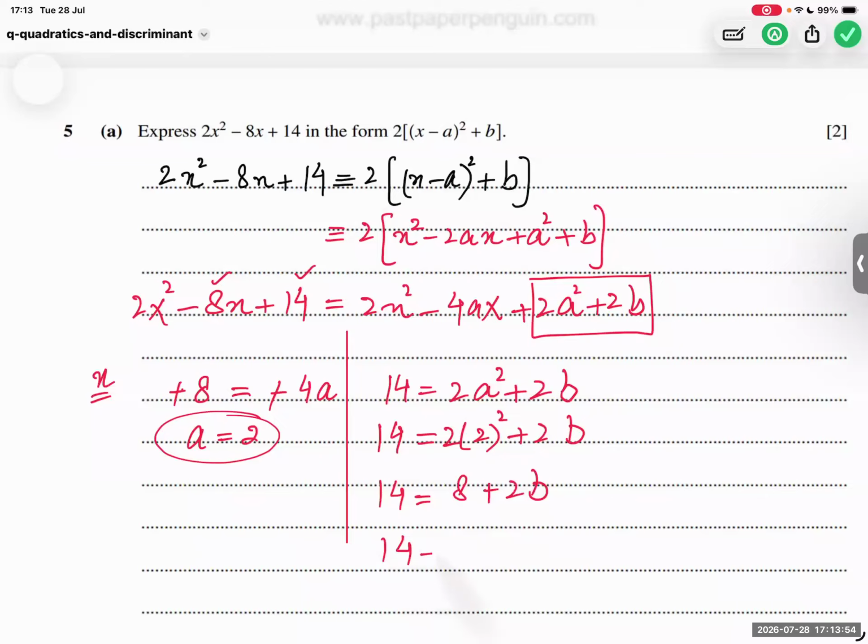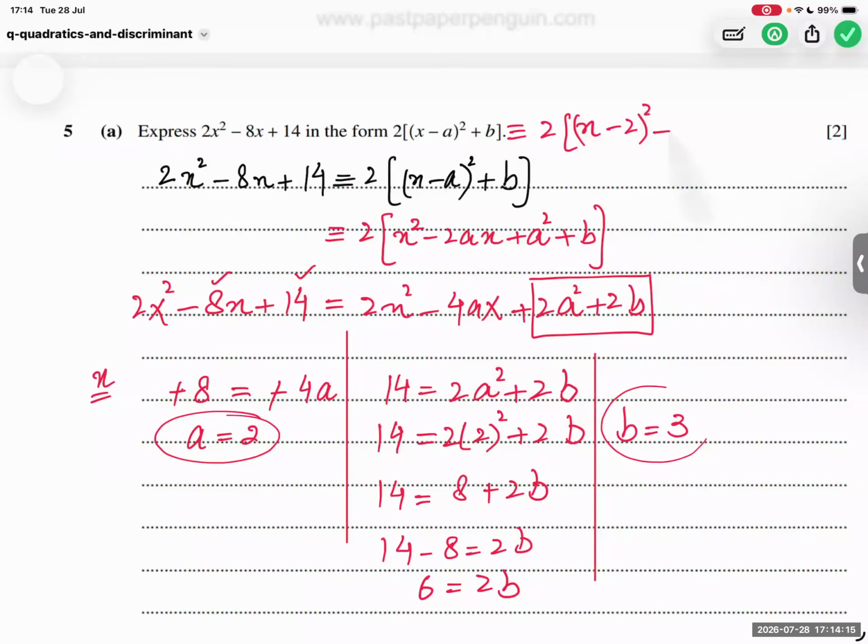That would be 14 minus 8 is equal to 2b. That is, 6 is equal to 2b. So value of b we get is 3. So we can write it in this form, that is 2 bracket x minus a whole square plus 3.